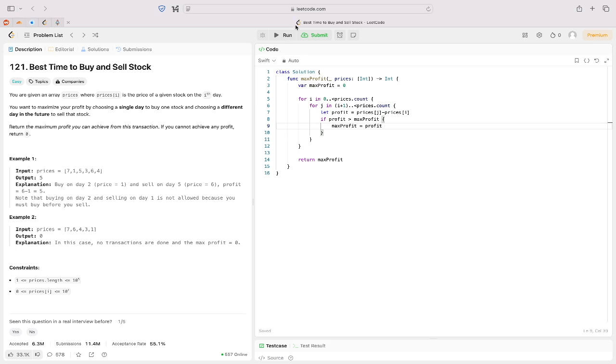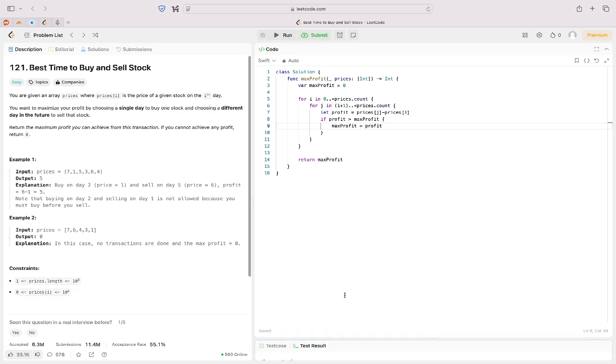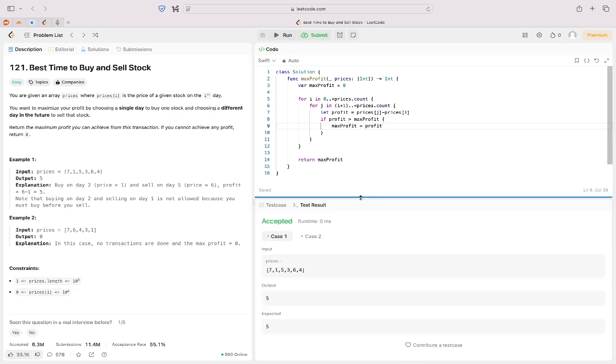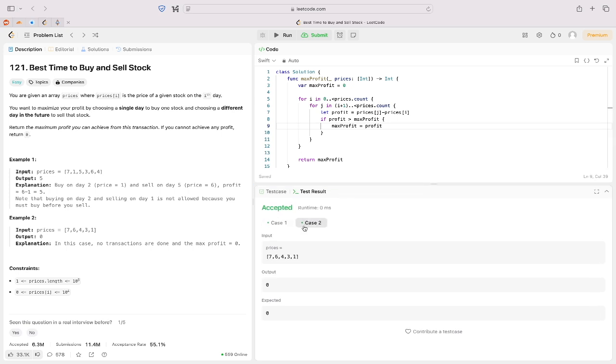Okay, let us run it and see. Okay, all test cases pass. Let's do some submitting and see what we get.